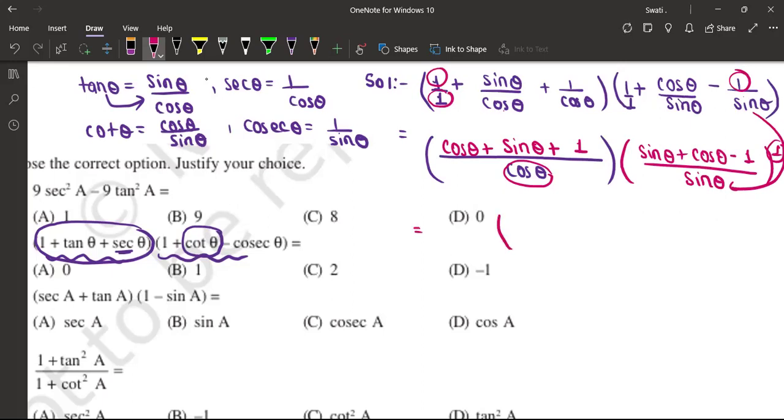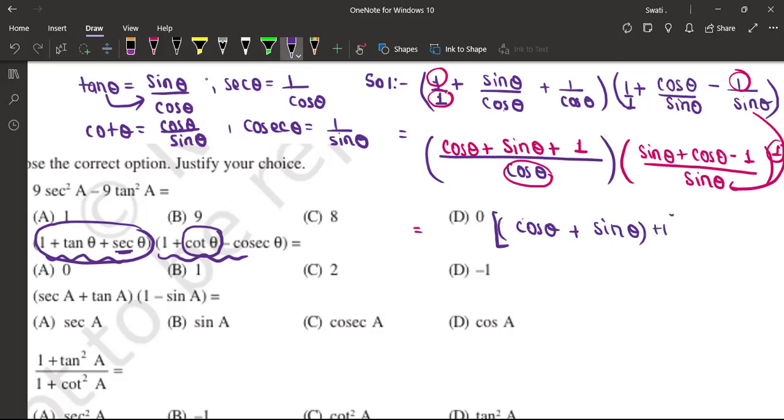Yes. Okay. Now I'm writing the top part. That means I'm writing the numerator. So the numerator is cos theta plus sin theta, and then I'm just writing that in a bracket. And then plus 1 as it is.